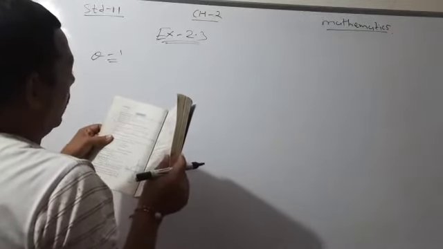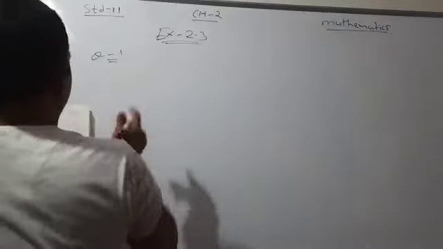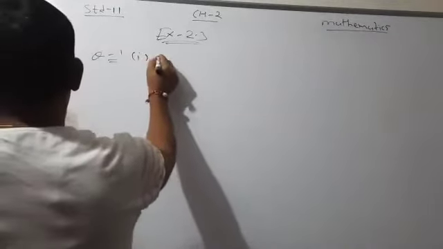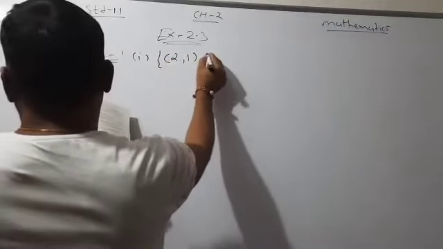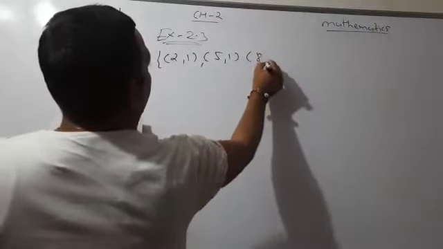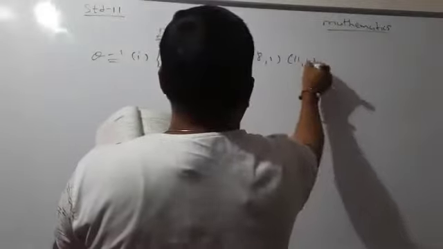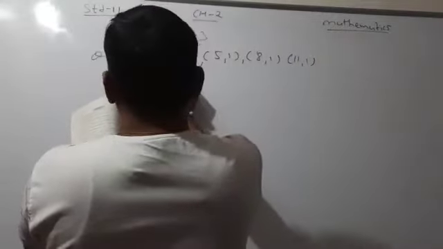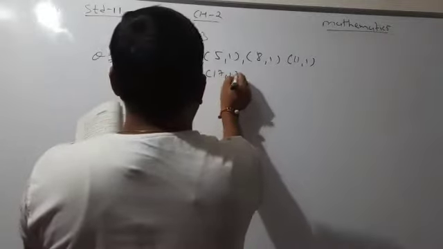Determine its domain and range. See the first sub question. The ordered pairs given are 2 1, then 5 1, then 8 1, then 11 1, then 14 1, then 17 1.